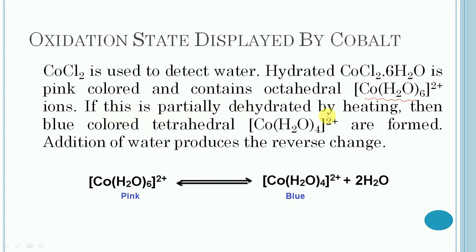If this is partially dehydrated by heating, then a blue colored tetrahedral complex with 4 water ligands is formed. Addition of water produces the reverse change. So it is the interchange of these two complexes. With 6 ligands it will have pink coloration, and with 4 water ligands it will have blue coloration.